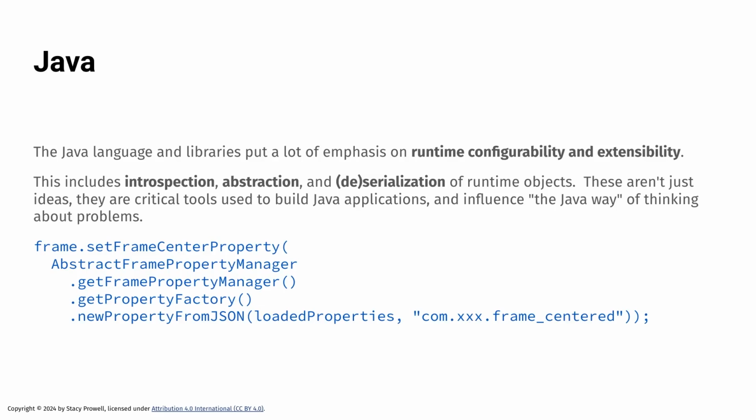And we give it the loaded properties, and then we give it a specifier, and that's going to generate, I presume, the correct property for us, and then set that as the frame center property. So a lot going on there, but it gives you a lot of extensibility. It gives you an opportunity to change things at runtime. It's very powerful.